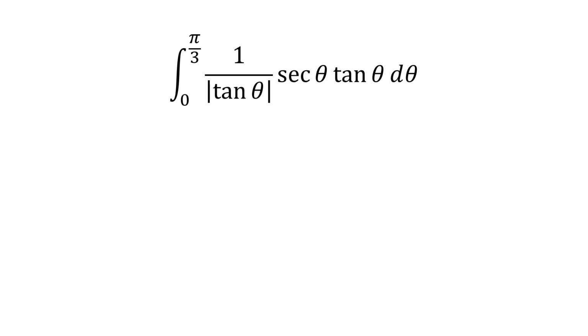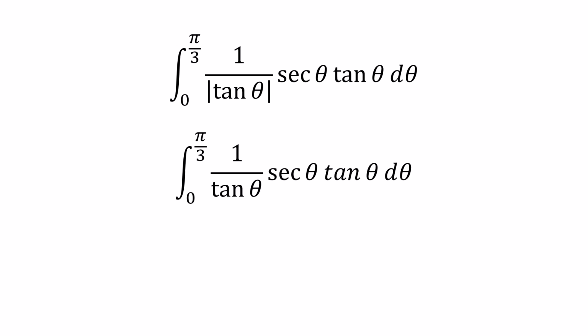This gives the integral from 0 to pi over 3, 1 over tangent of theta secant of theta tangent of theta d theta. Simplifying, we obtain the integral from 0 to pi over 3 secant of theta d theta.